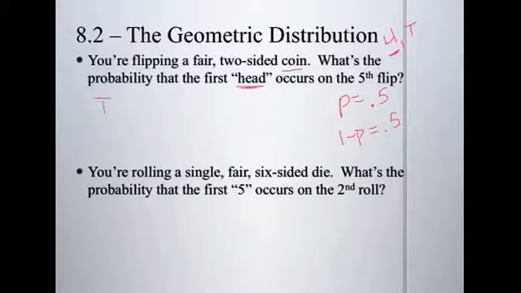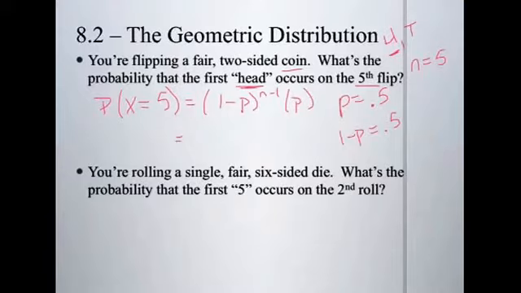So the formula is the probability that x is equal to n. N is the number of trials, or how many times did I flip the coin. And here it says 5th flip. So 5 times I flip the coin. So here it's x equals 5, equals (1 minus p) to the n minus 1 power times p. So I failed 4 times.